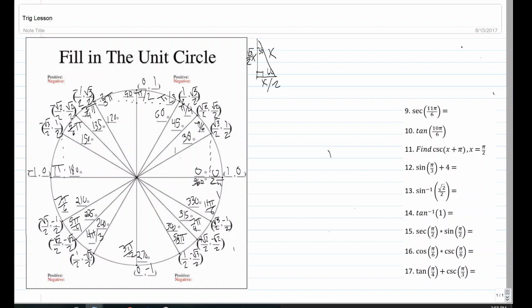So converting to and from radians, we kind of talked about that as we went through here, but it's really, really easy. If you have radians, you just multiply that by 180 over pi, because that's how many degrees are in pi radians. And if you have degrees, you just multiply by pi over 180.